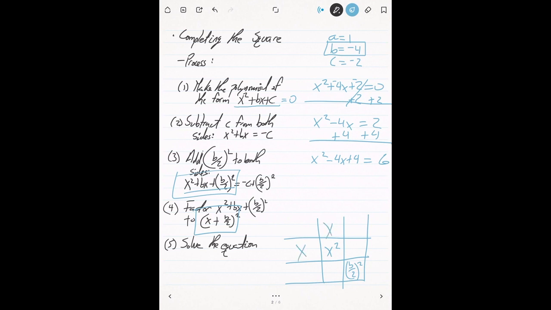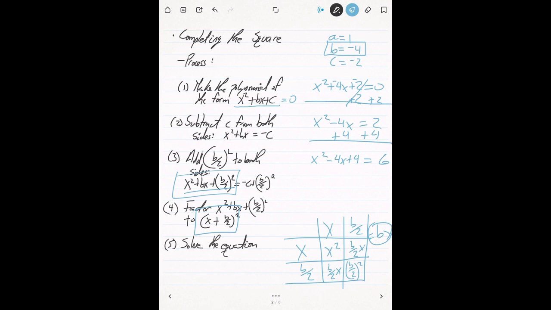X and x. Easy enough. We also need to think, what can multiply to get us b over 2 squared, but add to get us the bx? One way to get b over 2 squared is by multiplying it by itself. B over 2 times b over 2, that's what it means to be squared. And notice that b over 2 plus b over 2 gets us the b value.